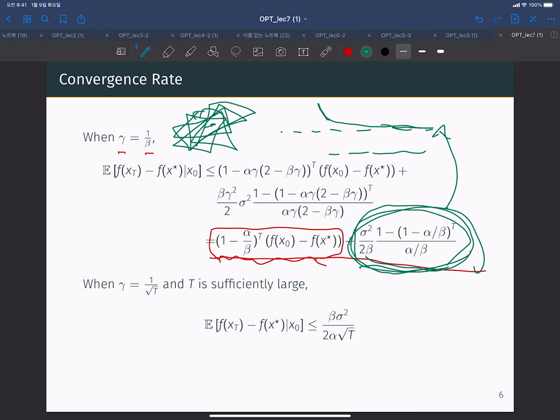So some people use this type of step size, a time-dependent step size. When you know the end time, capital T, you can basically set gamma equal to 1 over square root of capital T. Then when capital T is sufficiently large, so you have enough iterations, basically you have this error rate.